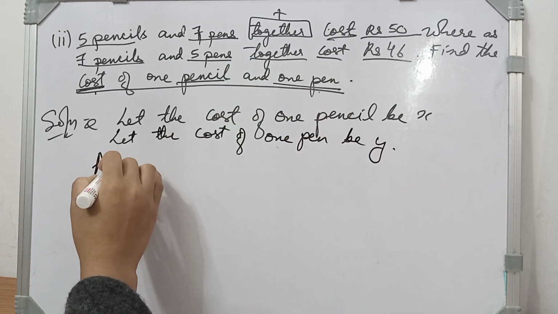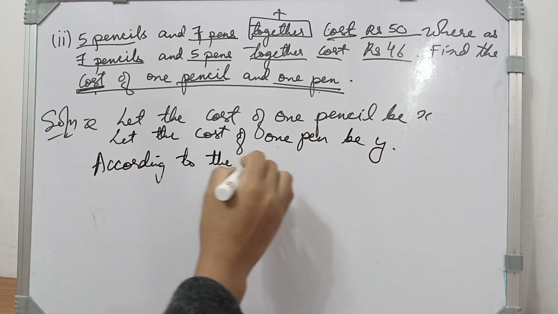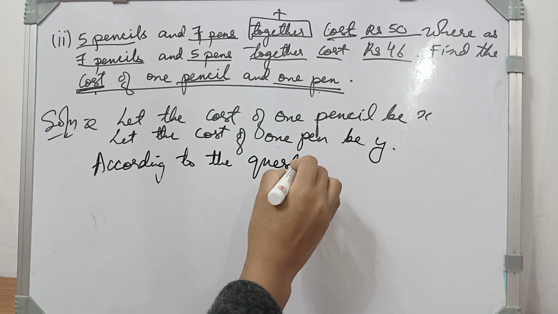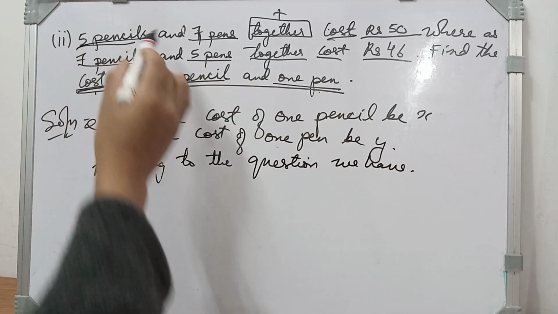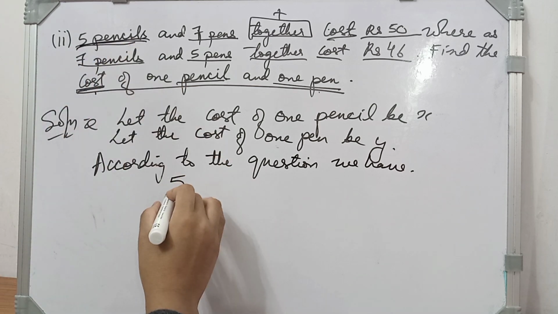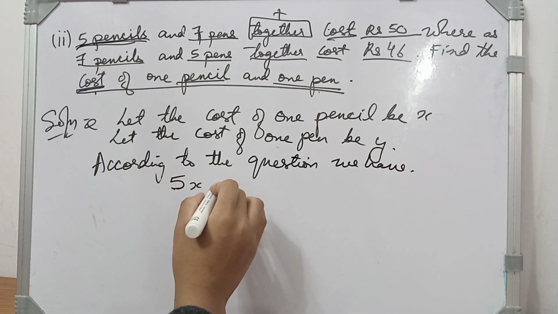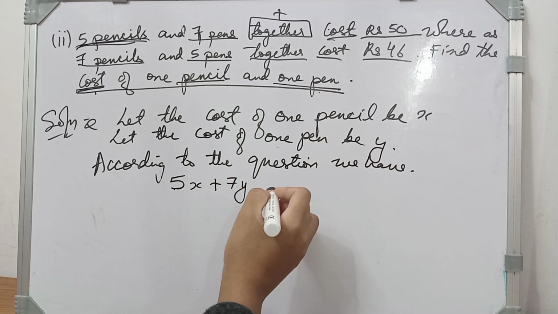According to the question, we have 5 pencils, 5x, and 7 pens, 7y.